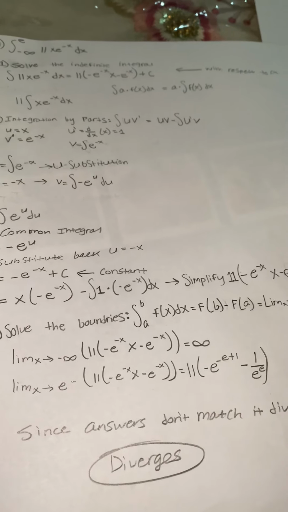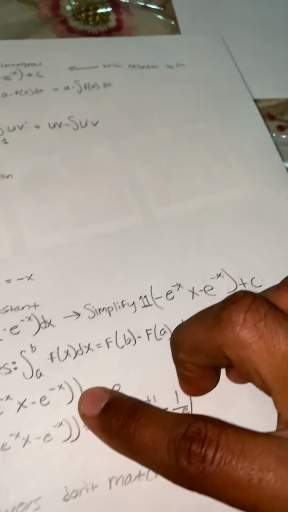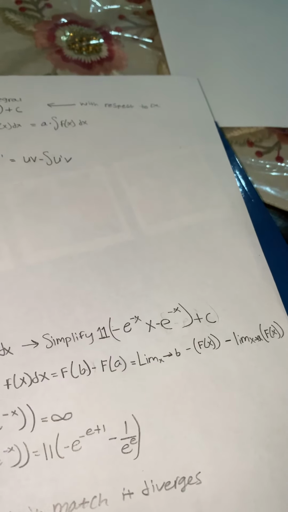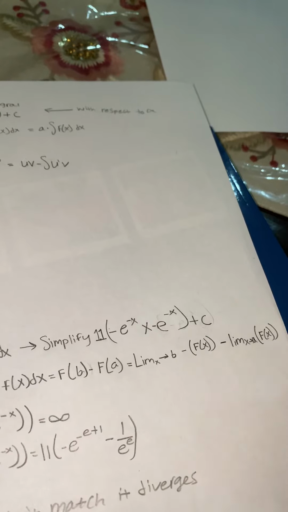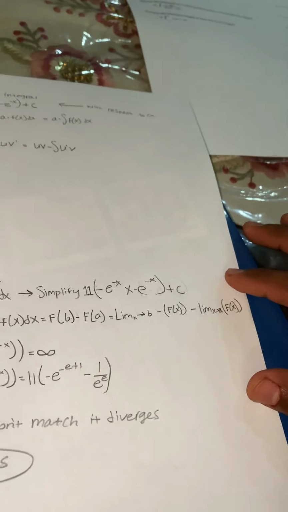Solving for the boundaries is basically using the formula: the integral from a to b of f of x dx is equal to F of b minus F of a, which equals the limit as x goes to b of F of x minus the limit as x goes to a of F of x.